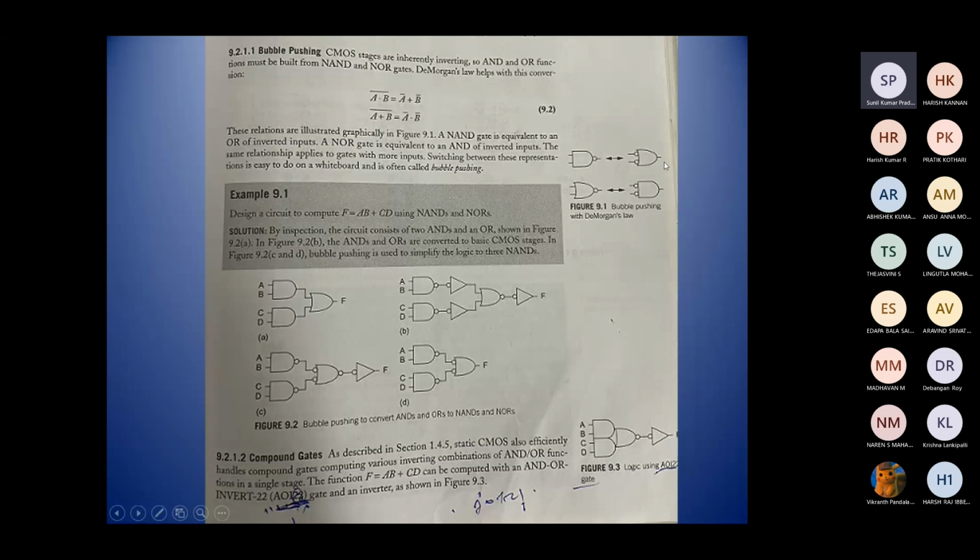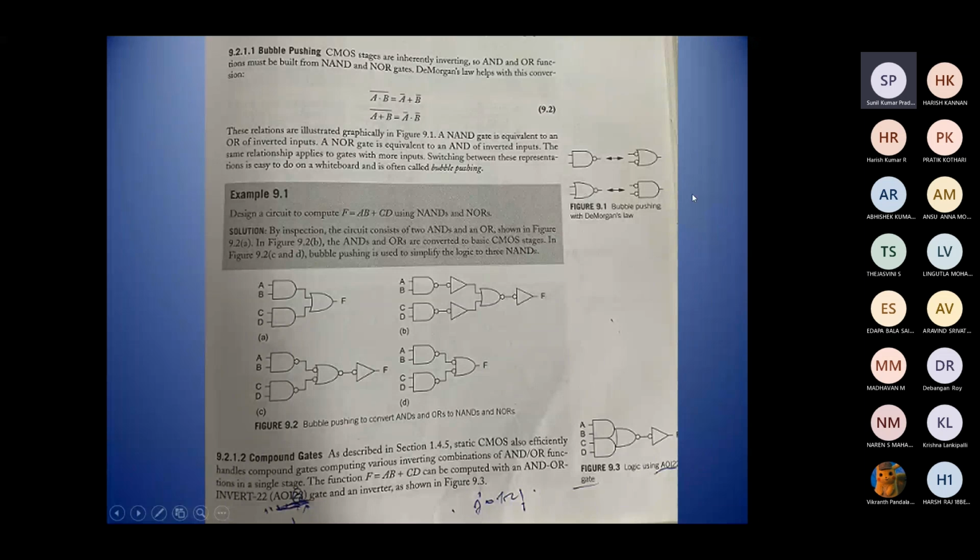A NAND gate is equivalent to an OR of inverted inputs. Similarly, in this figure, this NOR gate is equivalent to an AND of inverted inputs.